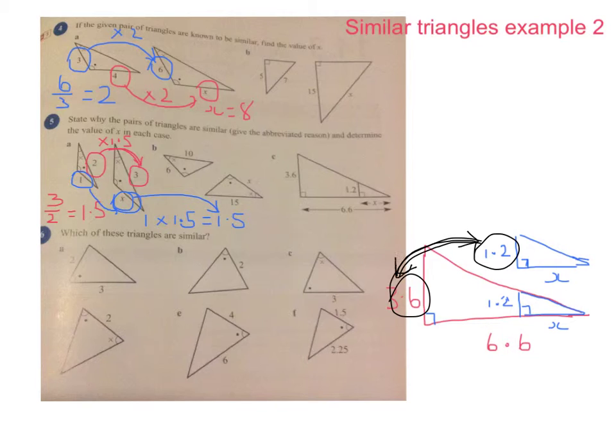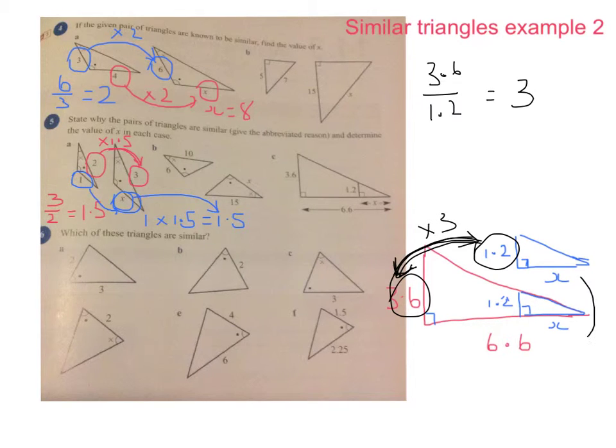Actually, this way might be the easiest way. So it's 1.2 times something equals 3.6. So how did we do that before? We put the big one there, 3.6 divided by 1.2. Put that in your calculator, or if you know it, it's 3. So to get there is times 3.